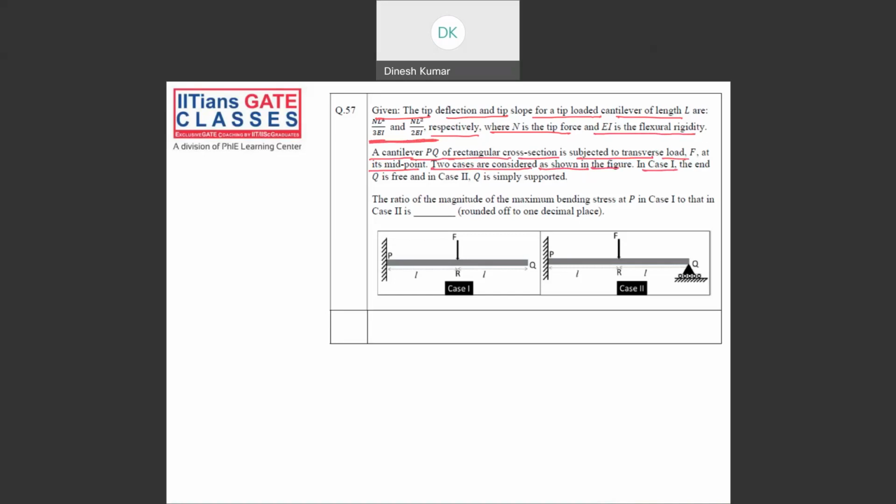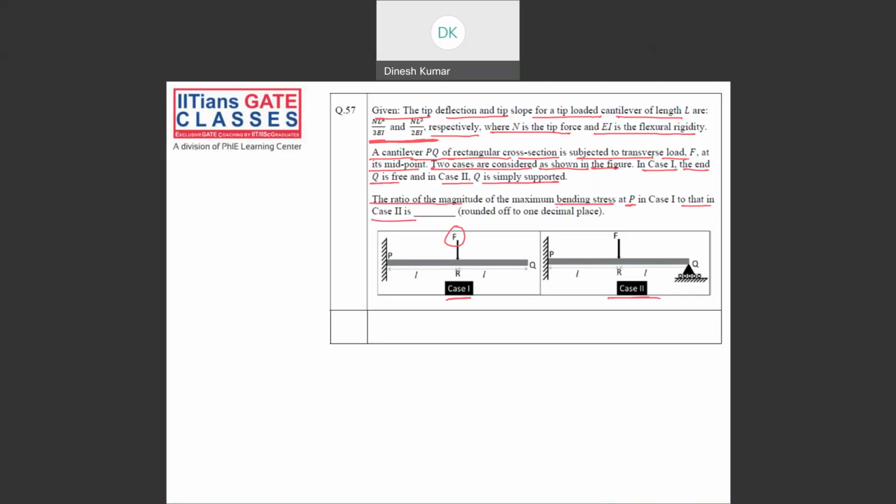In case one, the end Q is free, and in case two, Q is simply supported. So initially it's a cantilever beam with the load at mid, and then in the second case it's a propped cantilever beam. What is the ratio of magnitude of maximum bending stress at P in case 1 to that in case 2?